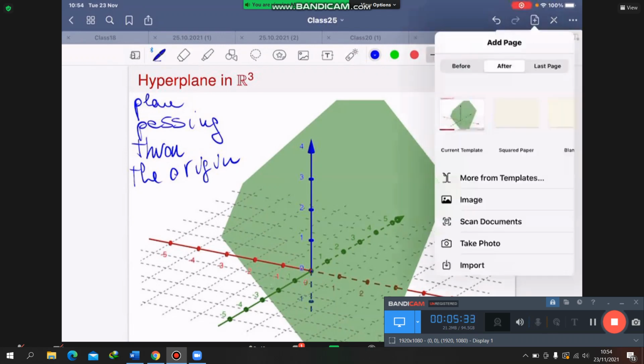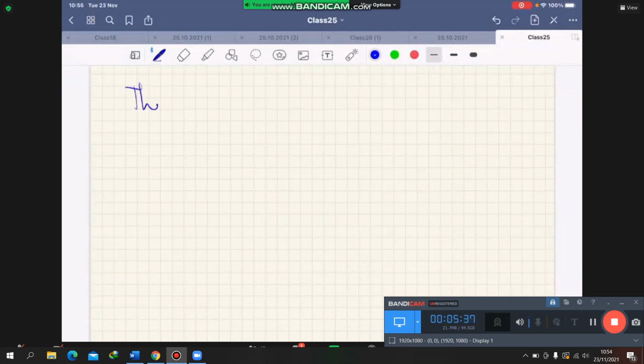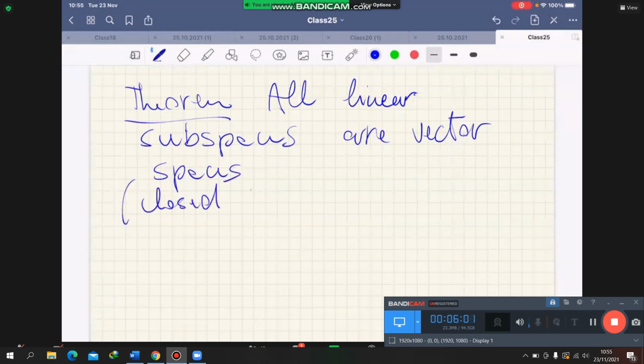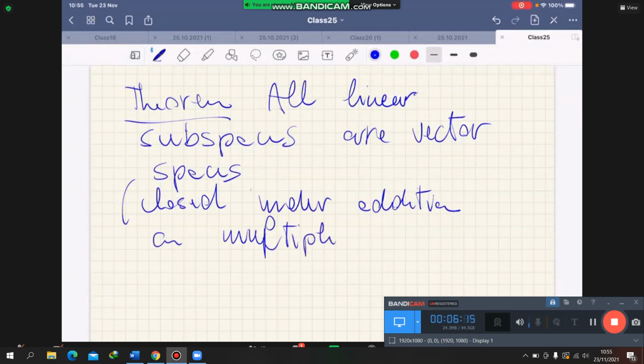In particular, as a theorem, all linear subspaces are vector spaces, meaning closed under addition and multiplication by a scalar.